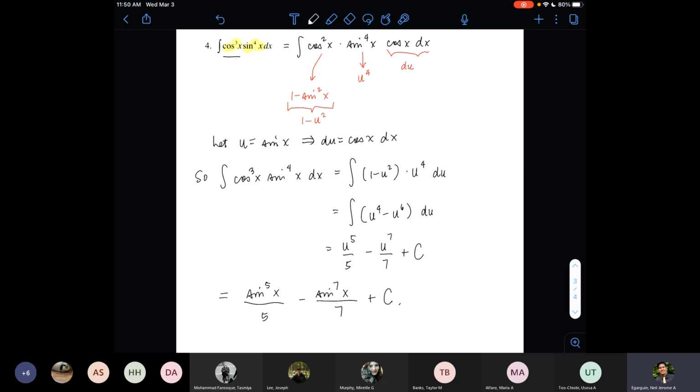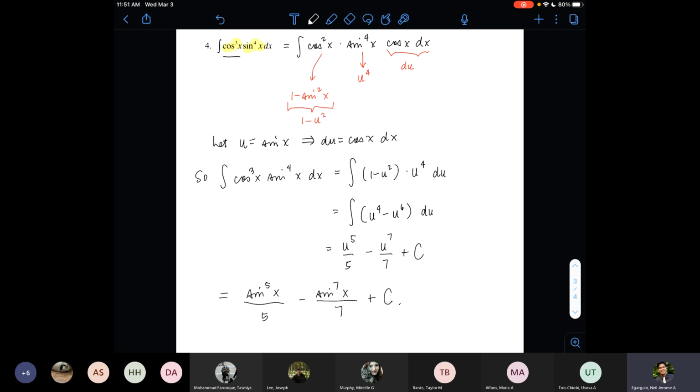Unfortunately, I don't think I have time to illustrate the case when both are odd, but I guess we are still in a good pace because you just started with section 8.3 in the lecture today. So the majority of our time on Friday will be devoted to the other cases for trig powers, okay?